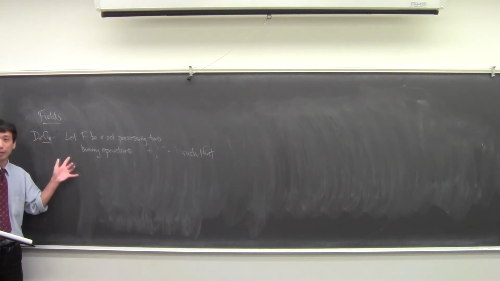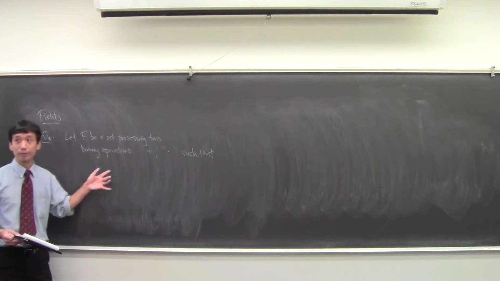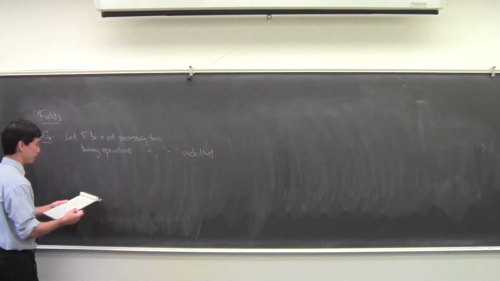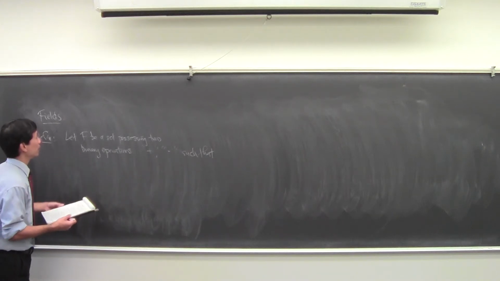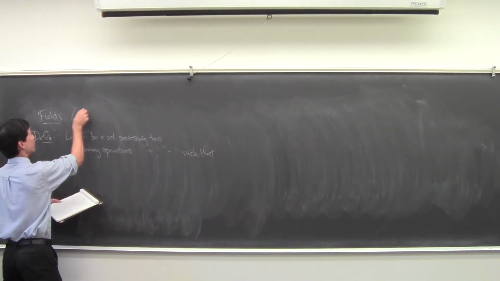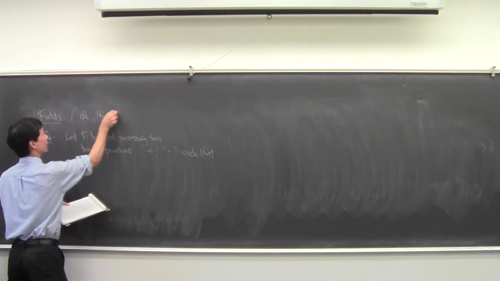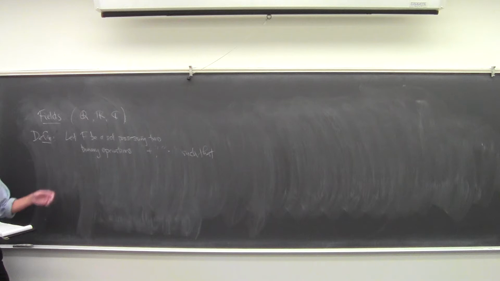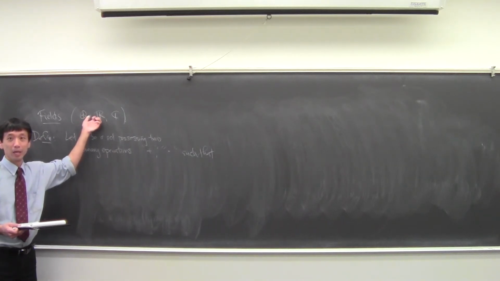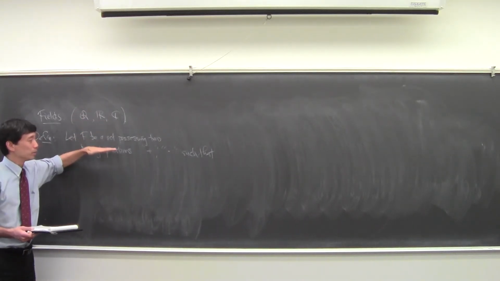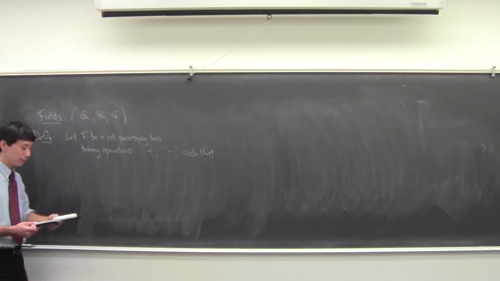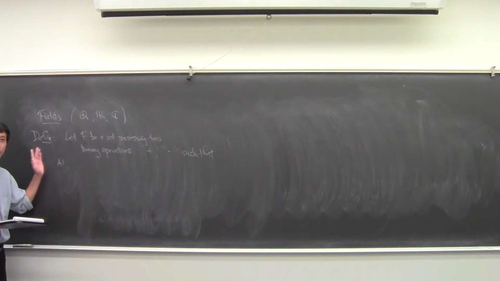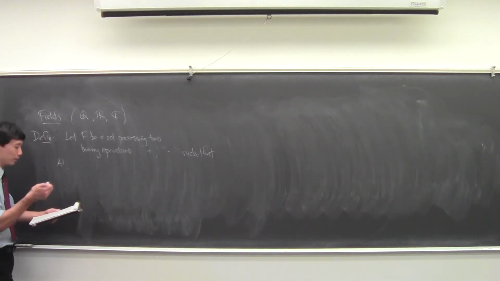All of these laws are things that you're familiar with. For examples of fields: the rational numbers, the real numbers, the complex numbers are all fields. There are many other fields than these. They all will satisfy certain laws. I don't think you want to copy these things down because it's all in your book and it's not that exciting. But let me just write them up.